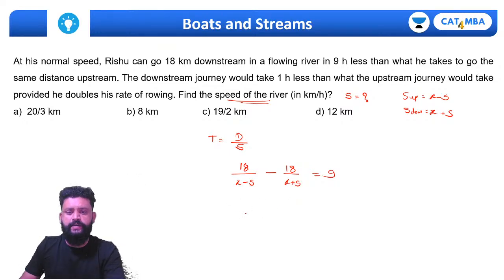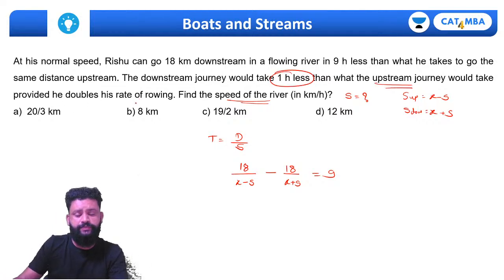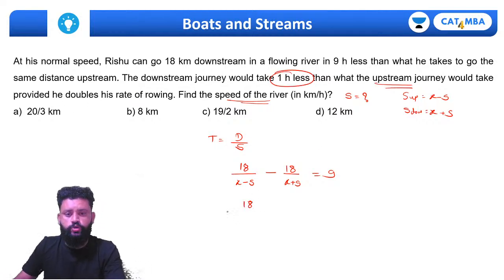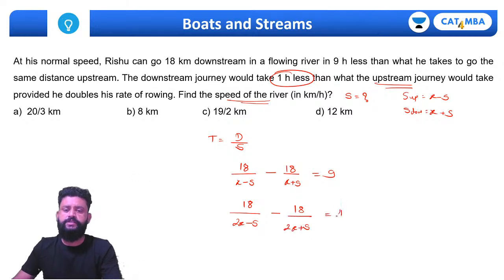If we double the speed, this difference is just 1 hour between upstream and downstream. So 18 upon 2x minus s minus 18 upon 2x plus s. This difference is just 1.